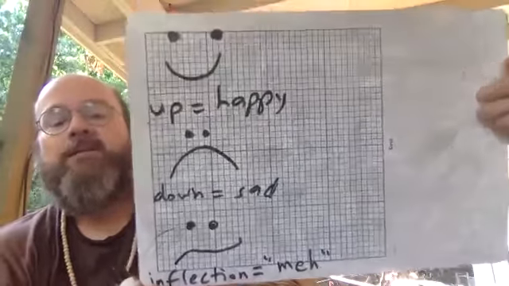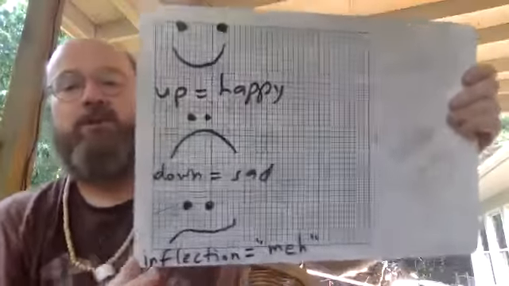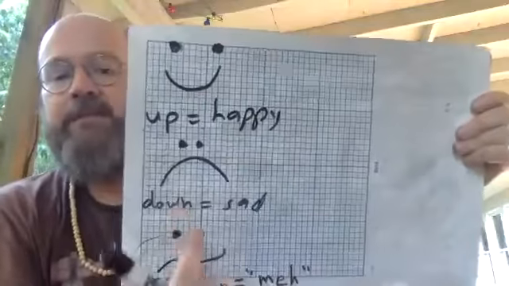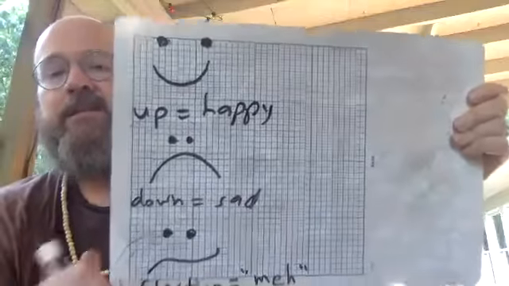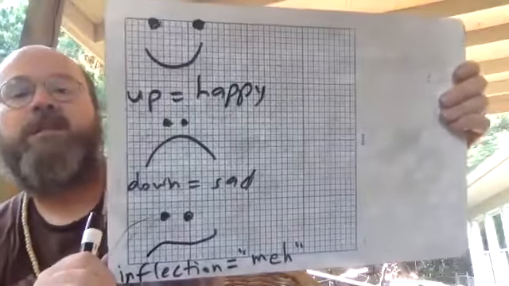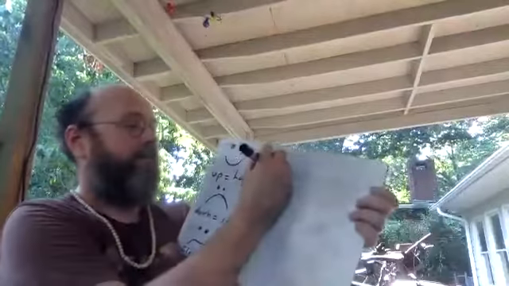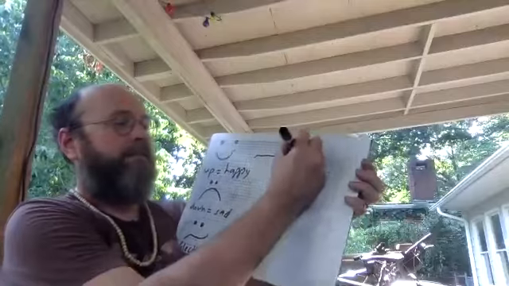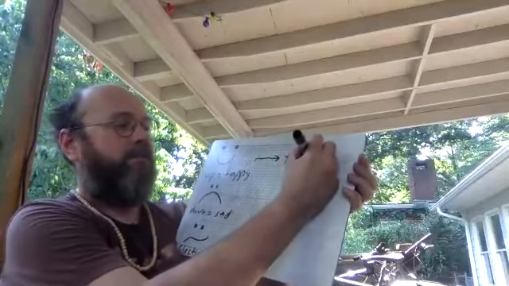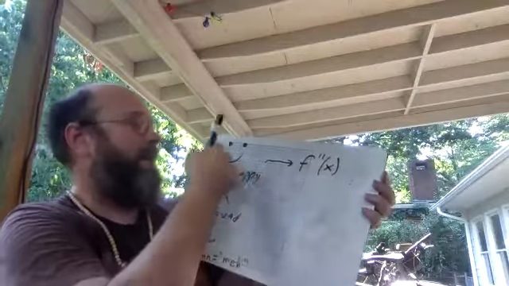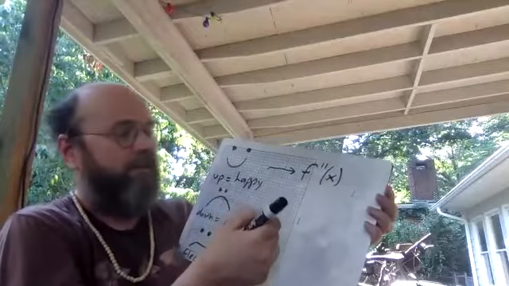So is there a nice way that these pictures, up, happy, smiley face, down, sad, relate to the functions and the derivatives? And yes, of course. This is really easy. On the derivative side, you take the second derivative of the function, you plug in a point a to see if at that point the function is concave up or concave down.